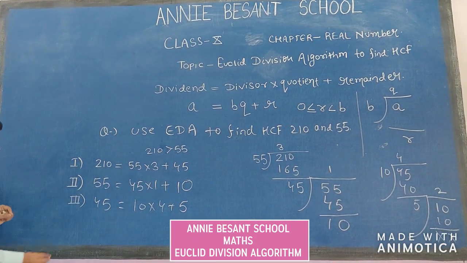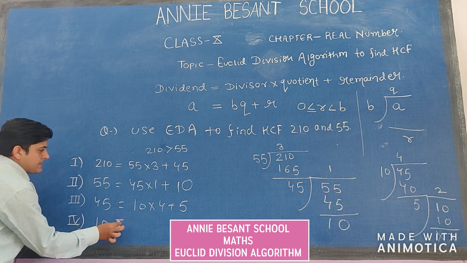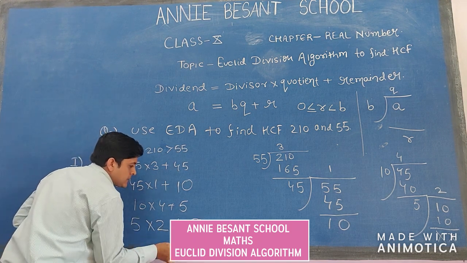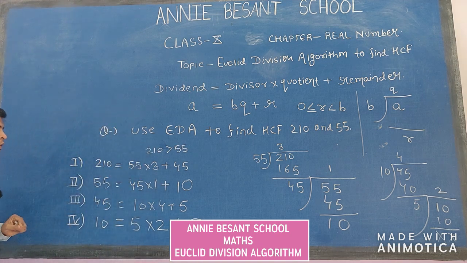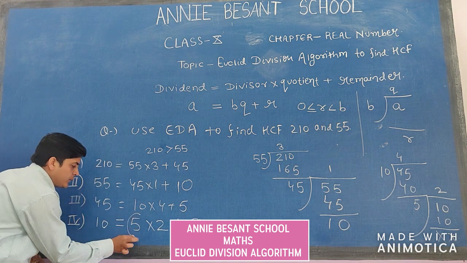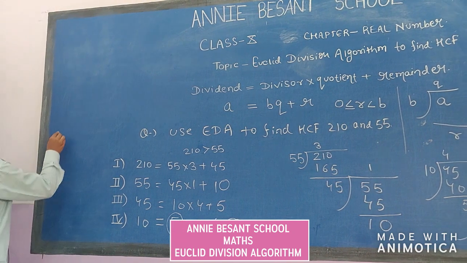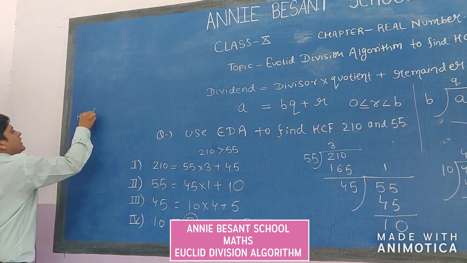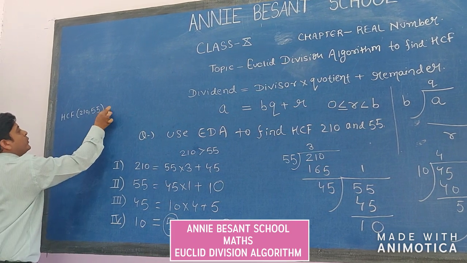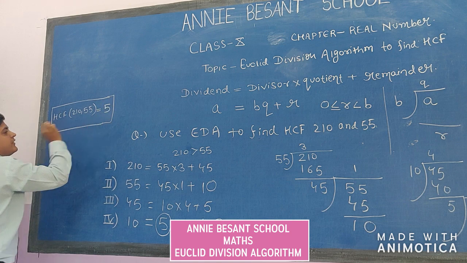So we can stop our process here. The remainder is 0 and the divisor is 5. So the divisor in that process is the required HCF. So we can write here the HCF of 210 and 55 is equal to 5. This is our required answer.